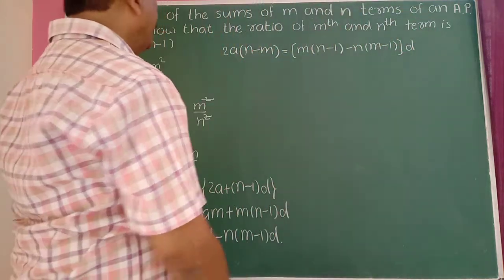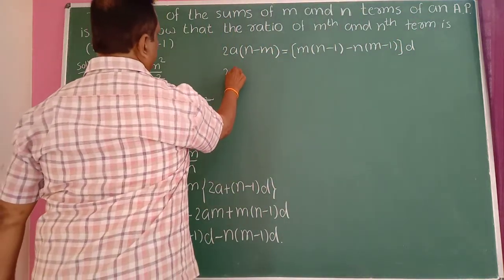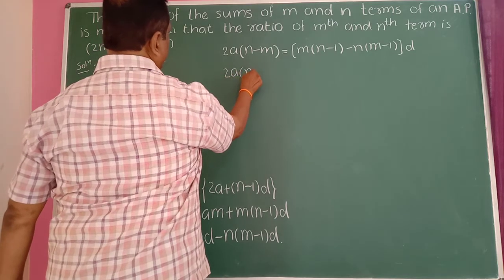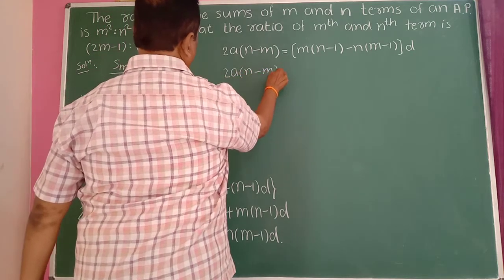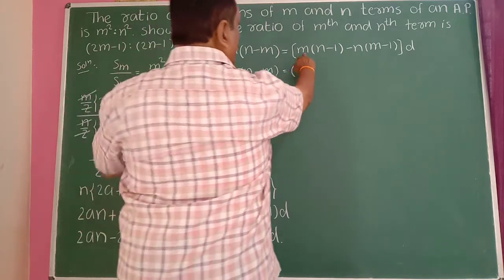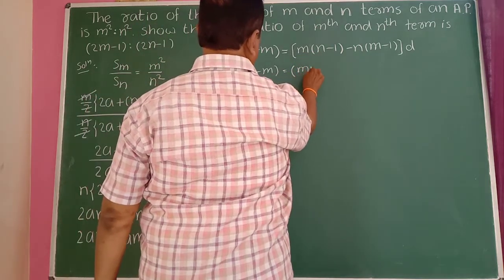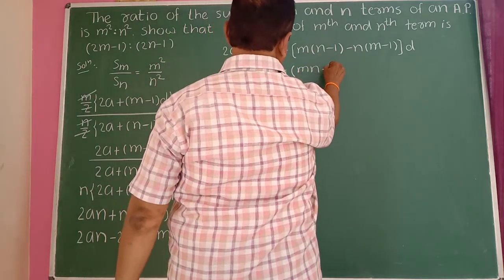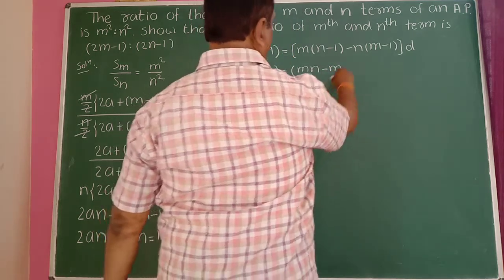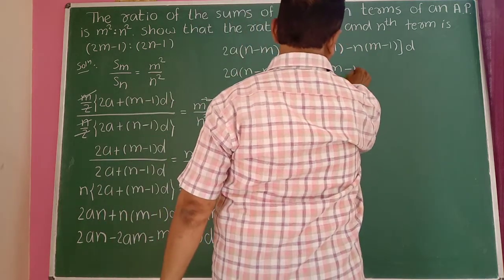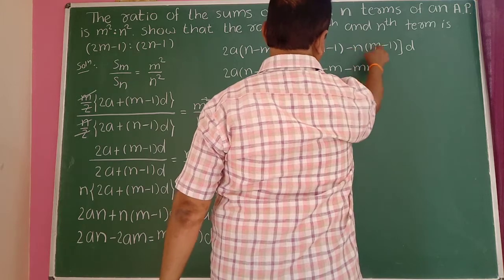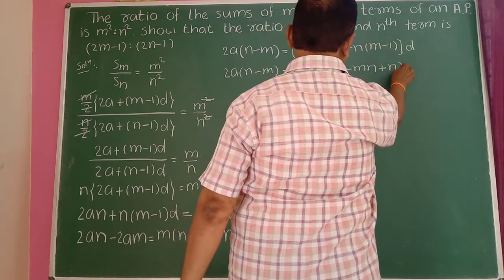Therefore 2a into n minus m is equal to d into bracket: m into n becomes mn, m into minus 1 is minus m, minus n into m is minus mn, minus into minus becomes plus n.